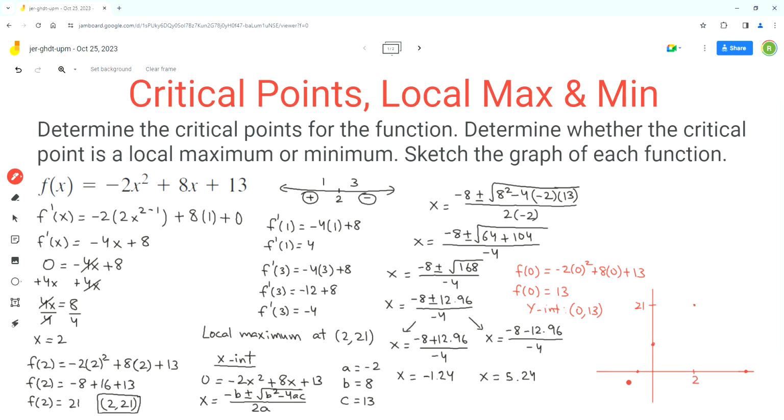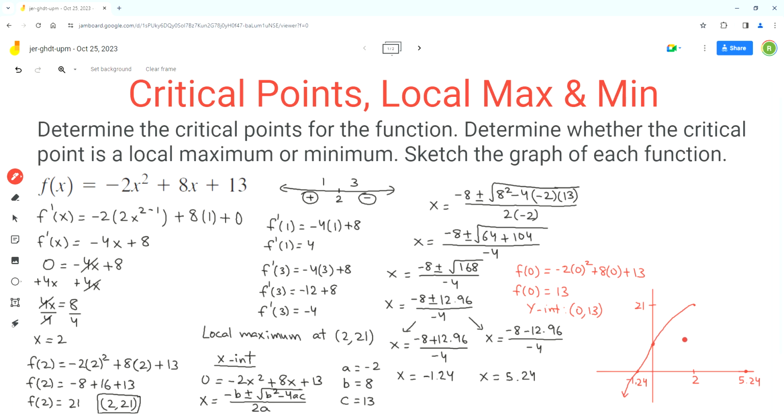So this is negative 1.24 and the other one is 5.24. So on the left side of x equals 2, the function is increasing. So the curve should be directed upwards from left to right, because the slope of the tangent to this curve should be positive.